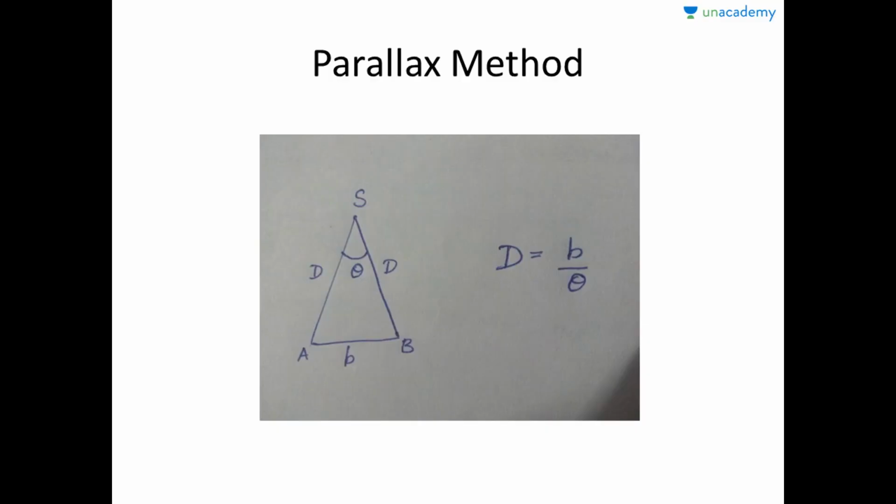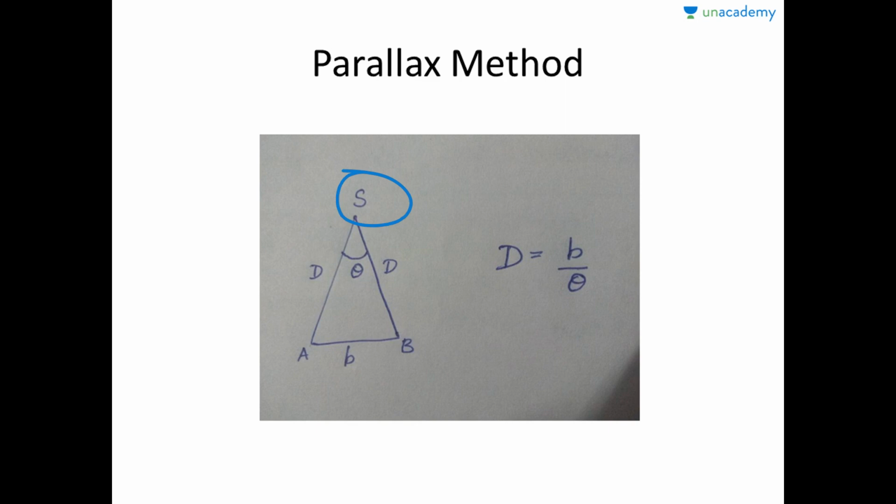Now, we can see here that the parallax method is used. A and B are the two viewing points and S is the far away object which is observed.